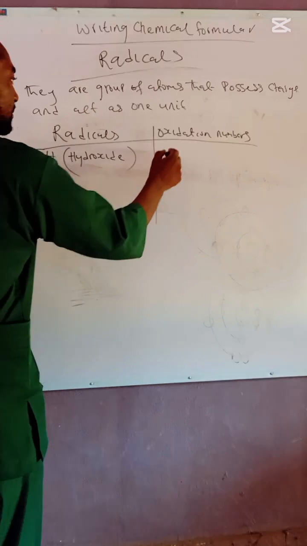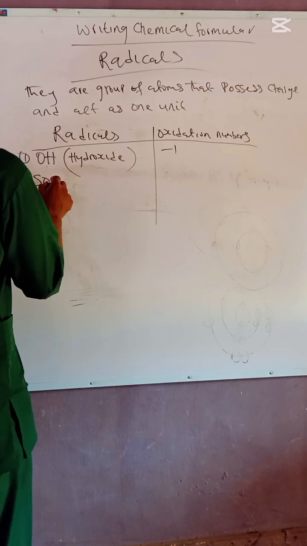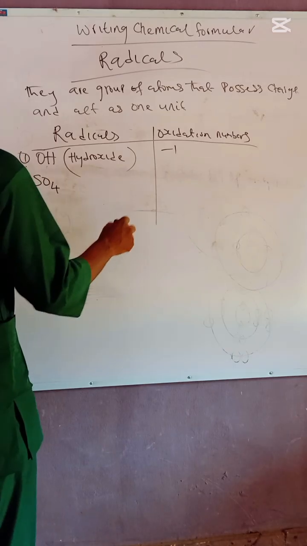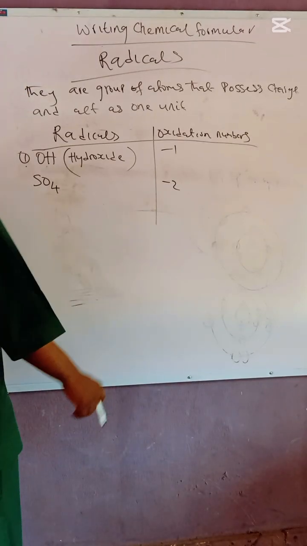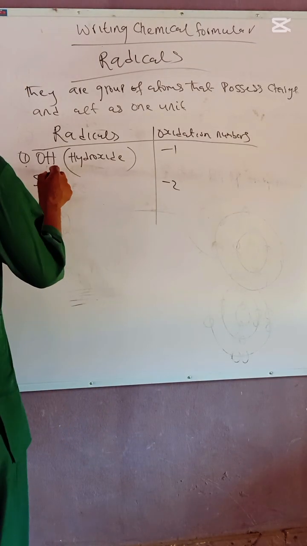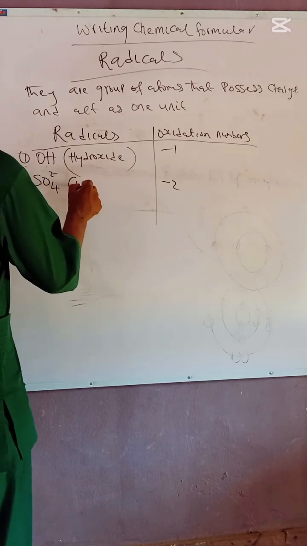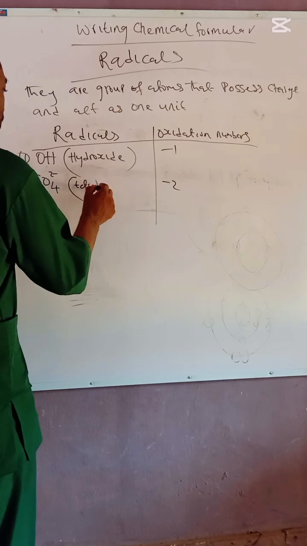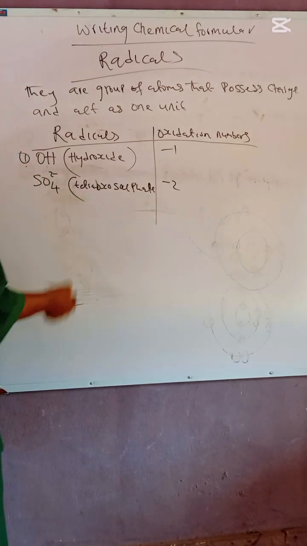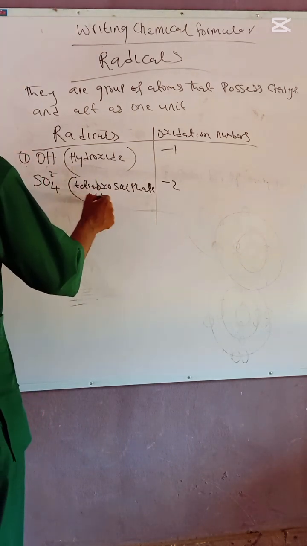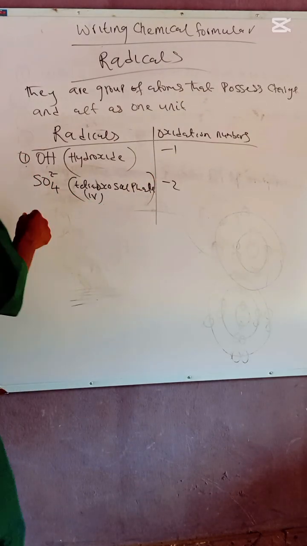The oxidation number of this radical is -1. Another one is SO4, with oxidation number -2, written as SO4 2-. It is called tetraoxosulfate 6.